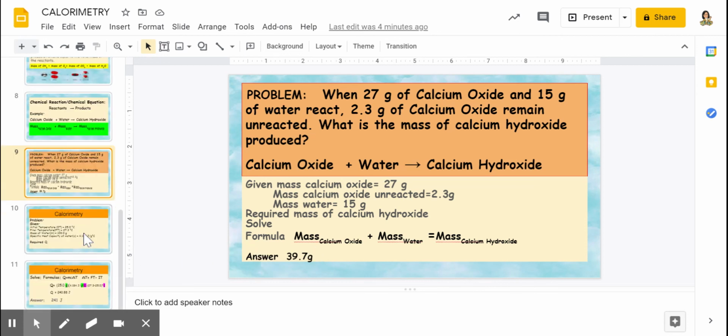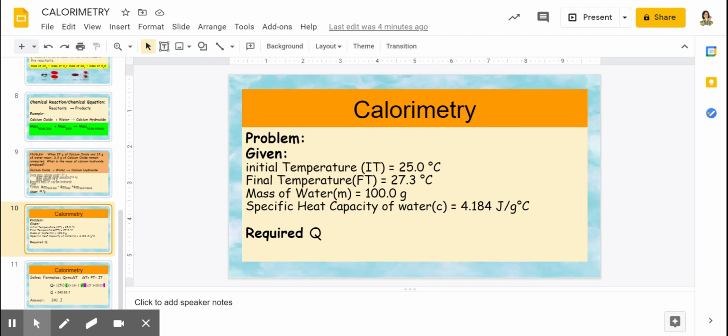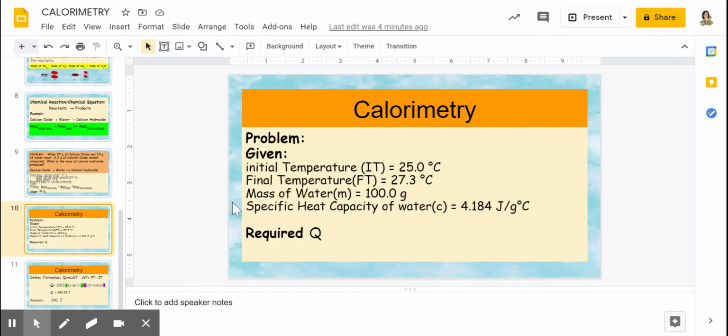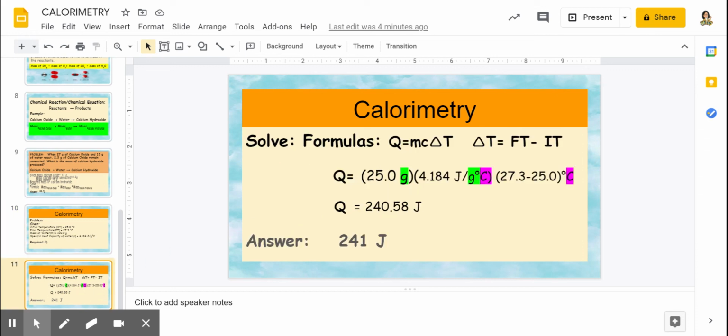Let's go to the next, which is an example of a calorimetry problem in which you're not given a word problem, you're just given information. This one is easier. You just plug it into the equation, which is Q is equal to M C delta T, and you have 25 grams of water.